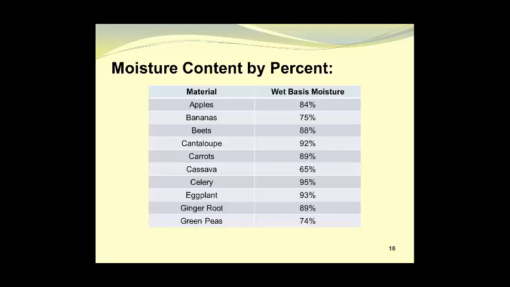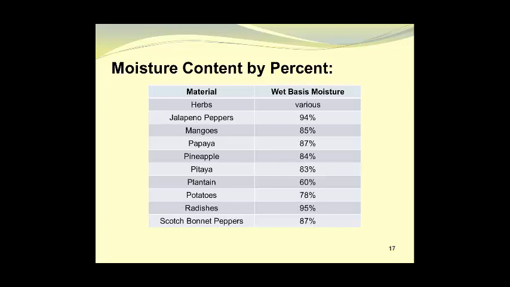Looking at this, we see that they are listed in alphabetical order starting with apples at 84% moisture. Cassava has a rather low moisture content of only 65% on a wet basis, and we can compare this to celery at 95% or eggplant at 93% moisture on a wet basis.